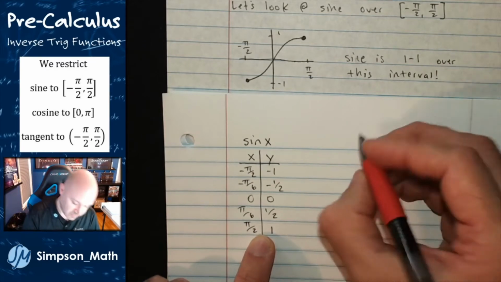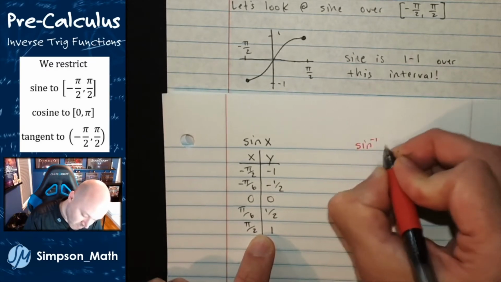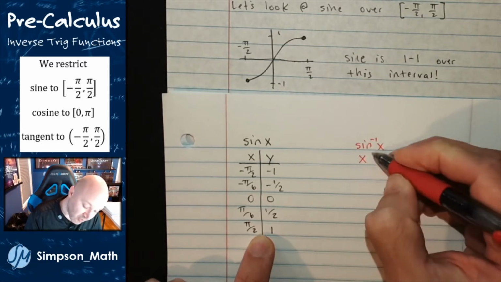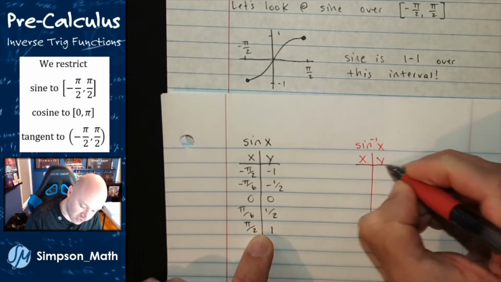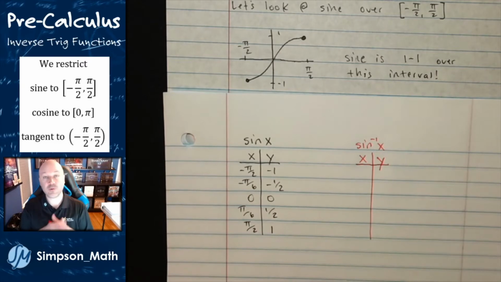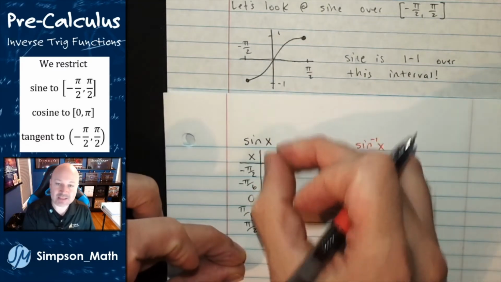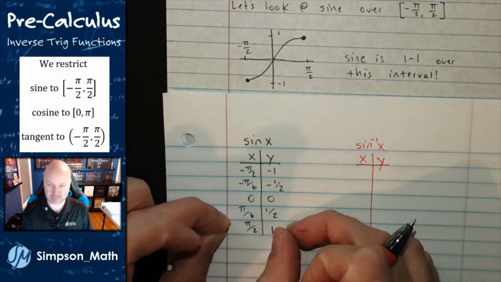Sine inverse. Arc sine of x. If I want to graph the inverse function, one way to get those points is to simply take my inputs and outputs, or my x's and my y's, and interchange them.